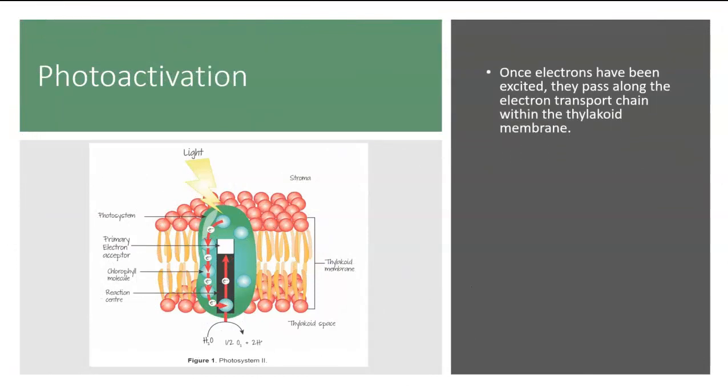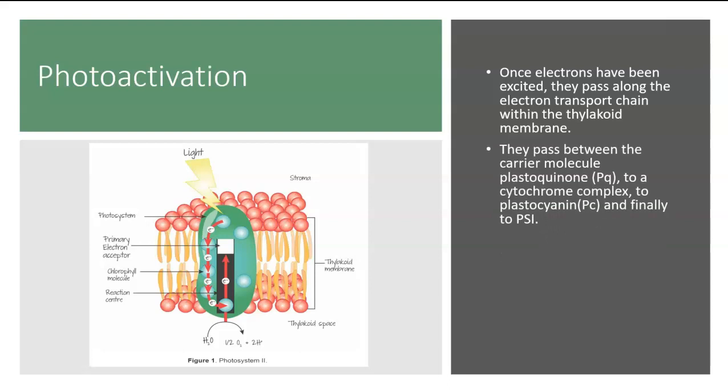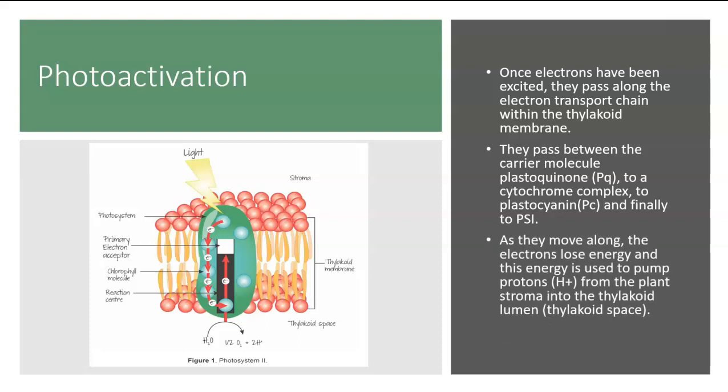Once the electrons have been excited, they pass along the electron transport chain within the thylakoid membrane. They pass between the carrier molecule plastoquinone, known as PQ, to a cytochrome complex, and then to plastocyanin, PC, and finally to photosystem 1. As they move along, the electrons lose energy.